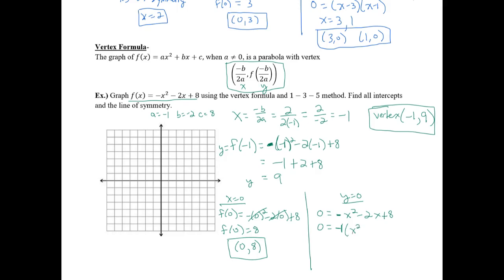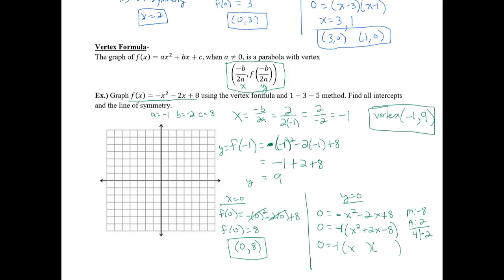So when I divide everything by negative, negative 2 becomes positive 2, positive 8 becomes negative 8. Now I want something that's going to multiply to negative 8, but add to a positive 2. So I'm thinking 4 and 2, and the negative needs to go with the 2 to add up to positive 2. So I still have my negative 1 out front, but my leading coefficient inside those parentheses is a 1.